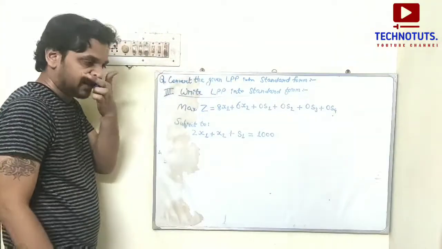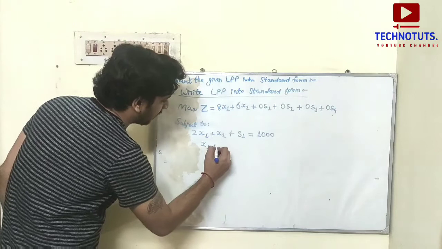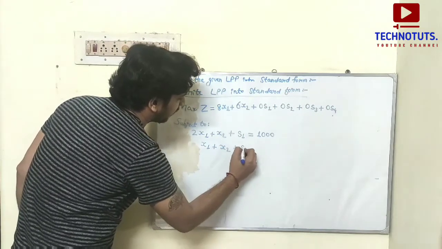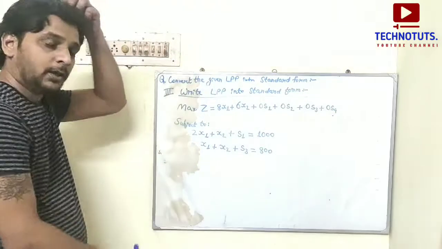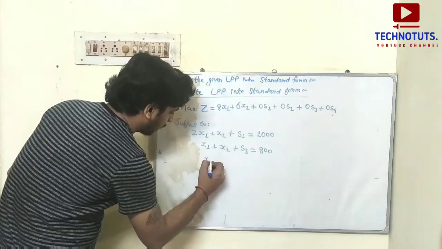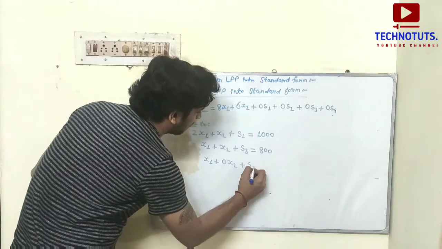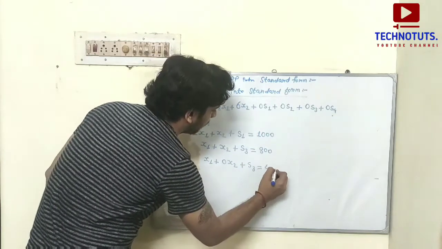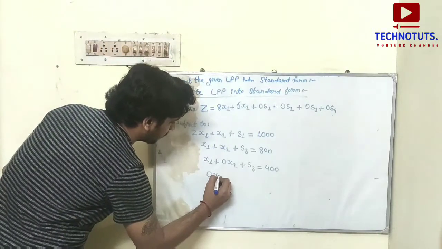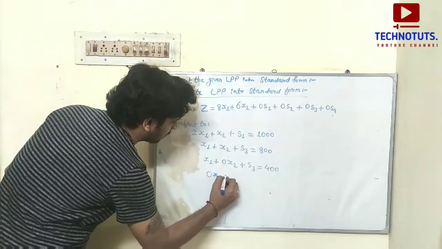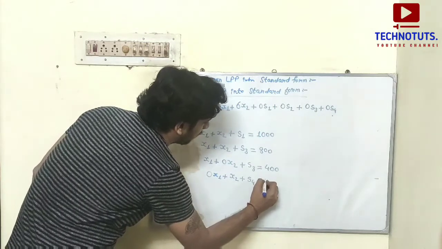Okay. Second equation is x1 plus x2 plus s2 is equal to 800. Okay. Third equation is x1 plus 0x2 plus s3 is equal to 400, and fourth equation is 0x1 plus x2 plus s4 is equal to 700.